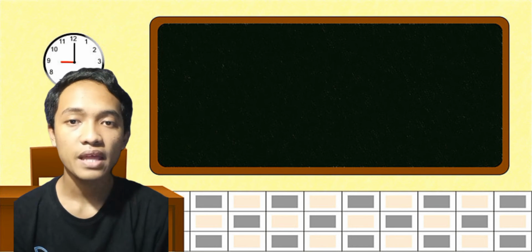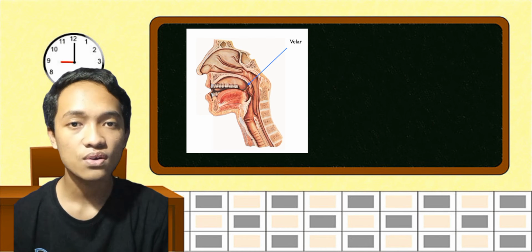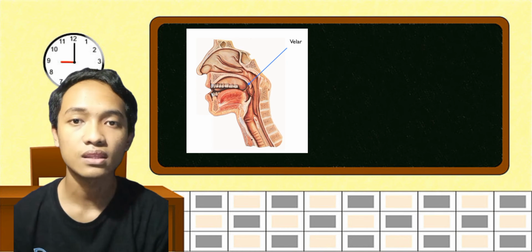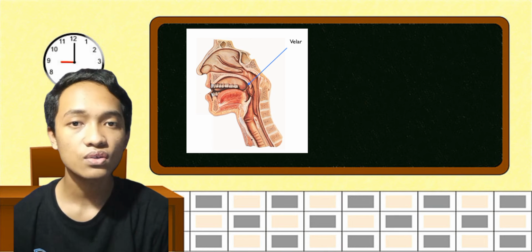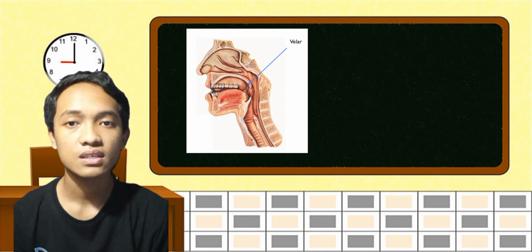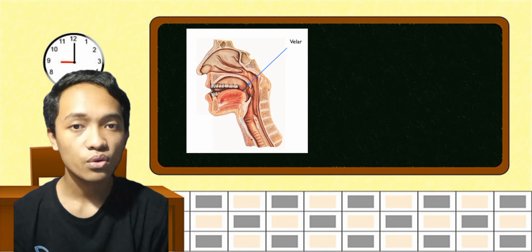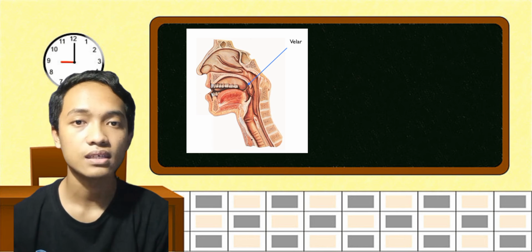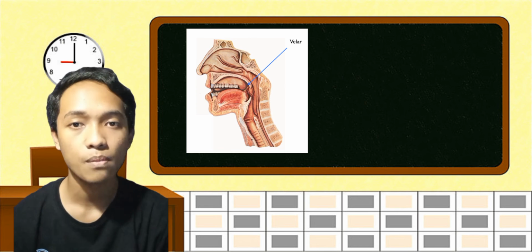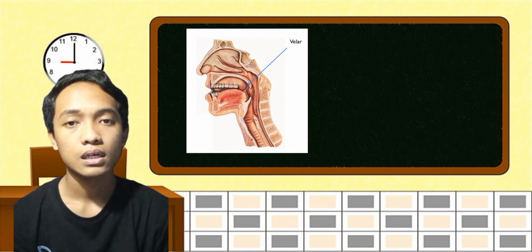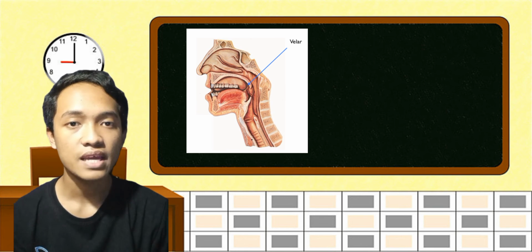The next place is velar. Velar sounds are made when the back of the tongue, or tongue dorsum, rises toward the soft palate, which is located at the back of the roof of the mouth. This soft palate is known as the velum.